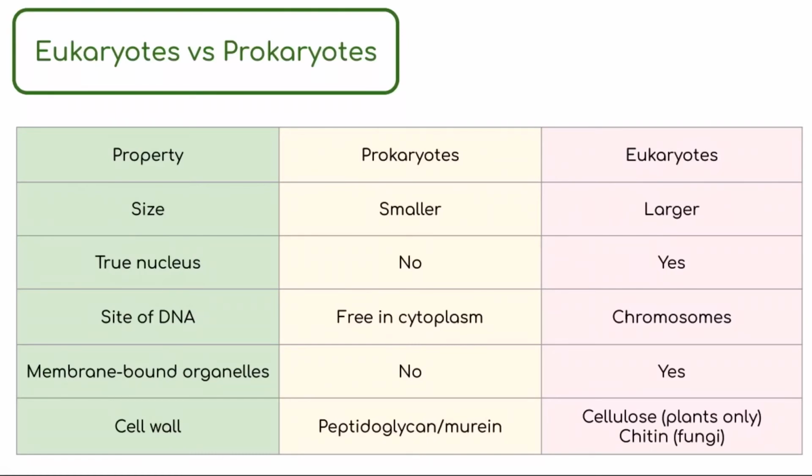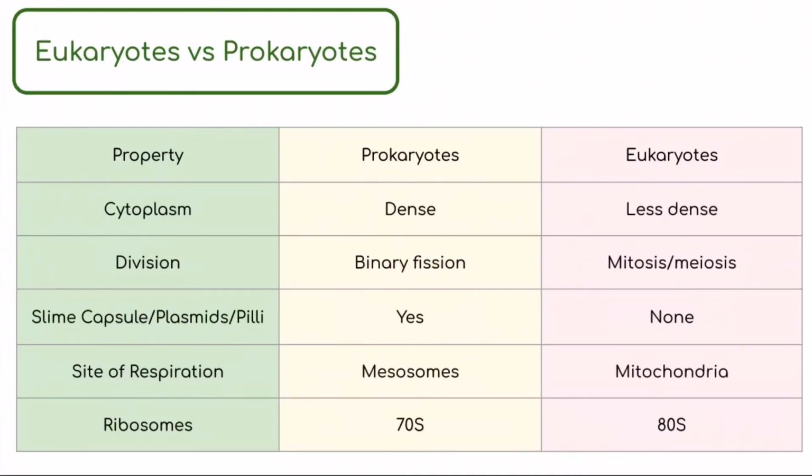We also know that the cell wall differs between them, as prokaryotes have a cell wall made of peptidoglycan or murein, but eukaryotes, in plant and fungi only, have cell walls made of cellulose and chitin respectively. We can also compare the cytoplasm as being more dense in prokaryotes and less so in eukaryotes.